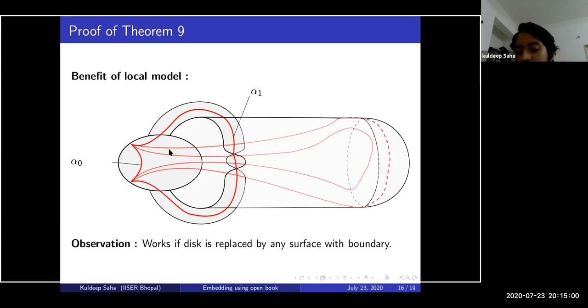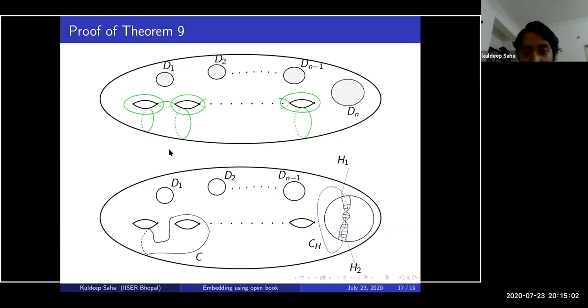So this is the main idea, and the disk is nothing special here. It works for any surface with boundary, and in general the picture looks like the following. Say you have a surface with n boundary components. Attach a Hopf band to one of the boundary components, so you have increased the boundary component number by 1. Again you push these two boundary components to the boundary of D4 and attach a two handle along one of the boundary components.